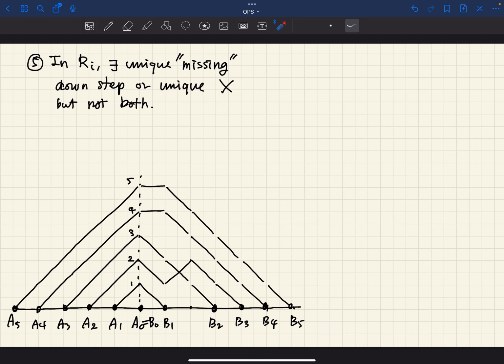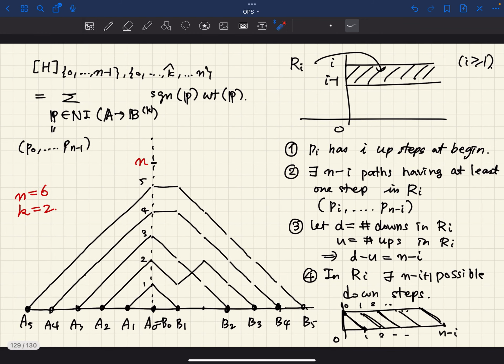Because if we have all the down steps, these two numbers must be the same. But otherwise, because this is one smaller than this, either we have one missing down step or figure x that will contribute 0.